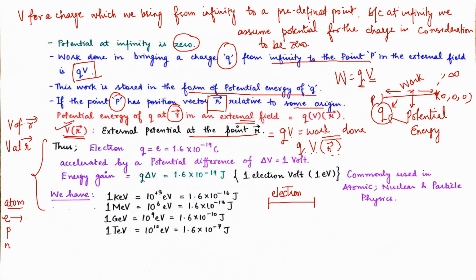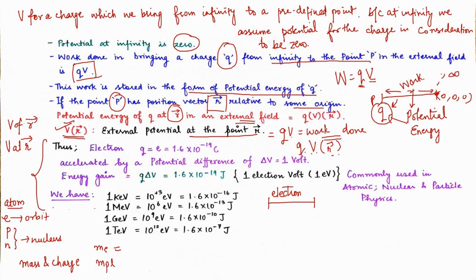This one, the electron, orbits around the nucleus, and these two, proton and neutron, are part of the nucleus. They have their own mass and charge. Mass of electron is very light, the smallest.